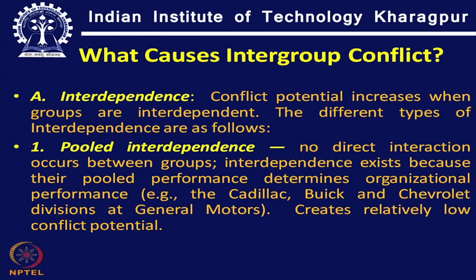As the members are not interacting with each other, there is a lack of personal interdependence, but the interdependence lies only because together they lead to certain objectives of the organization.